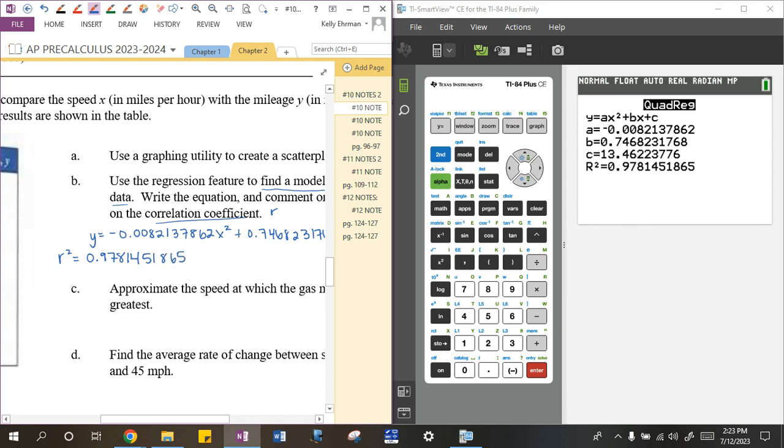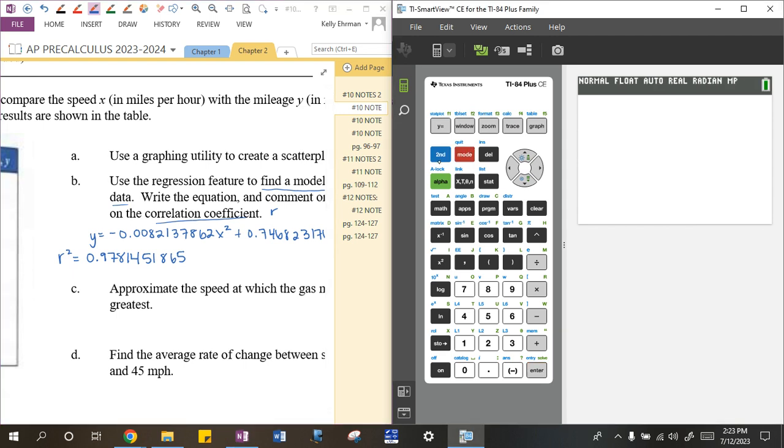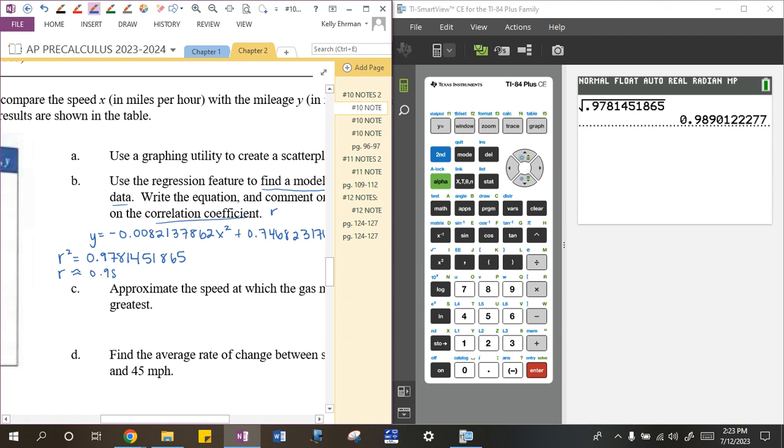But mathematically, to figure out what the correlation is, we can take the square root of 0.978145185. So r is 0.989. Now this I'm going to round because I'm not going to do anything else with it. That's awfully close to 1, so that indicates a pretty strong model.